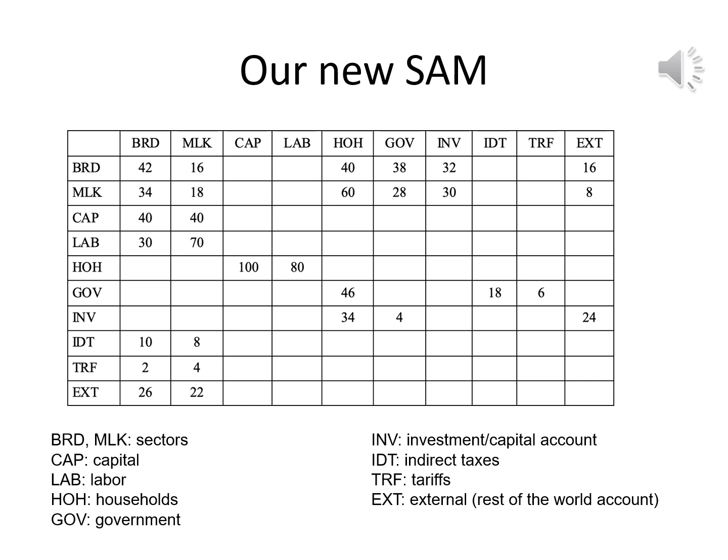Similarly for government, the government has an income of taxes. If you look at the government row account, you will see 46 plus 18 plus 6, which is equal to 70. And 70 is total government income, and the government is spending this income on goods and saving the rest.